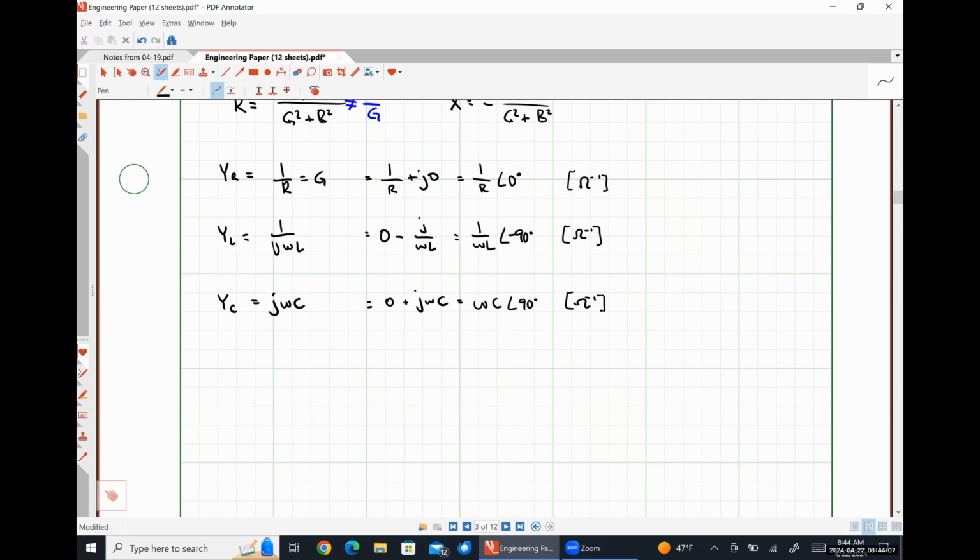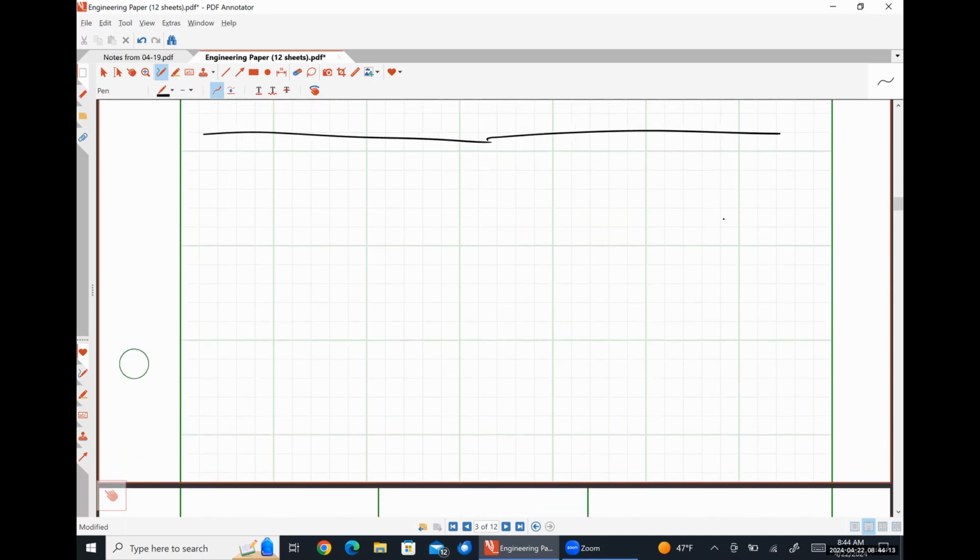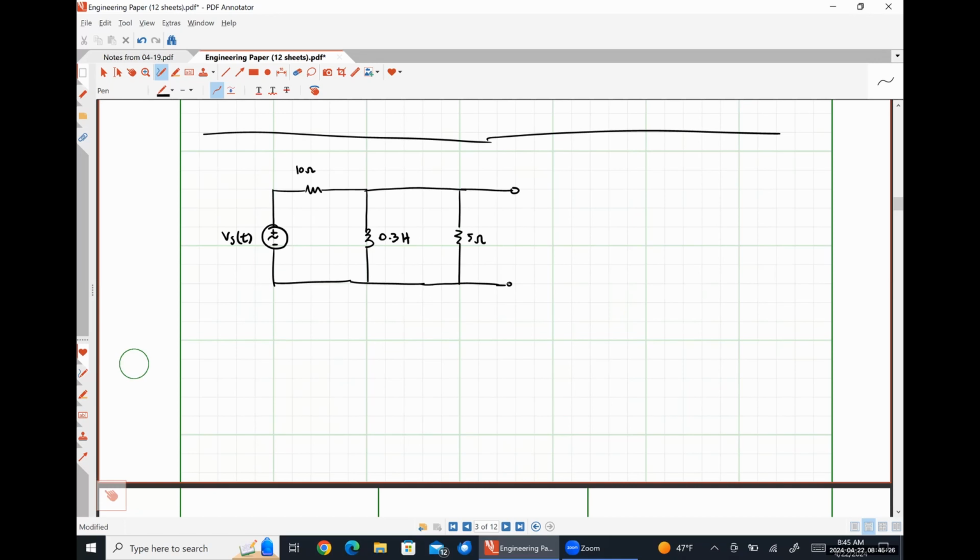All right, well, nobody's saying anything, so I'm just going to make stuff up. So let's say that I have the following network where Vs of t is equal to, let's say, 12 cosine 15t volts.